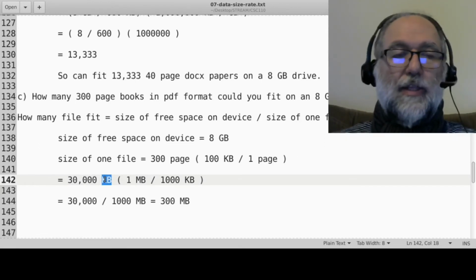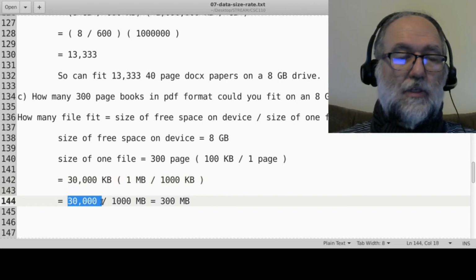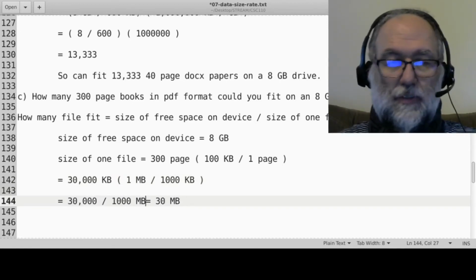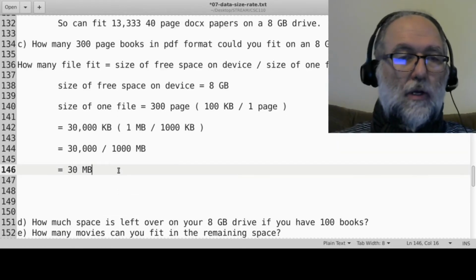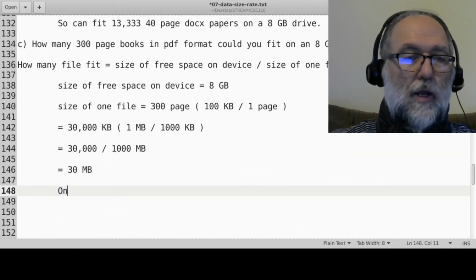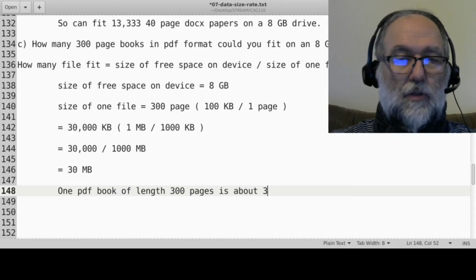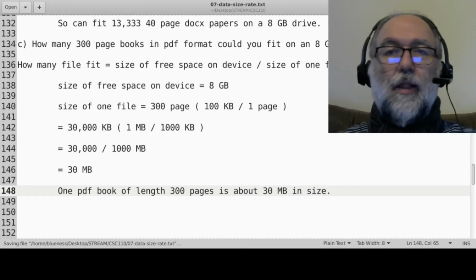But we want to convert that to megabytes, and so 30,000 divided by 1,000 is 30 megabytes. Okay, and there's our answer. So one PDF book of length 300 pages is about 30 megabytes in size. All right, there we go.